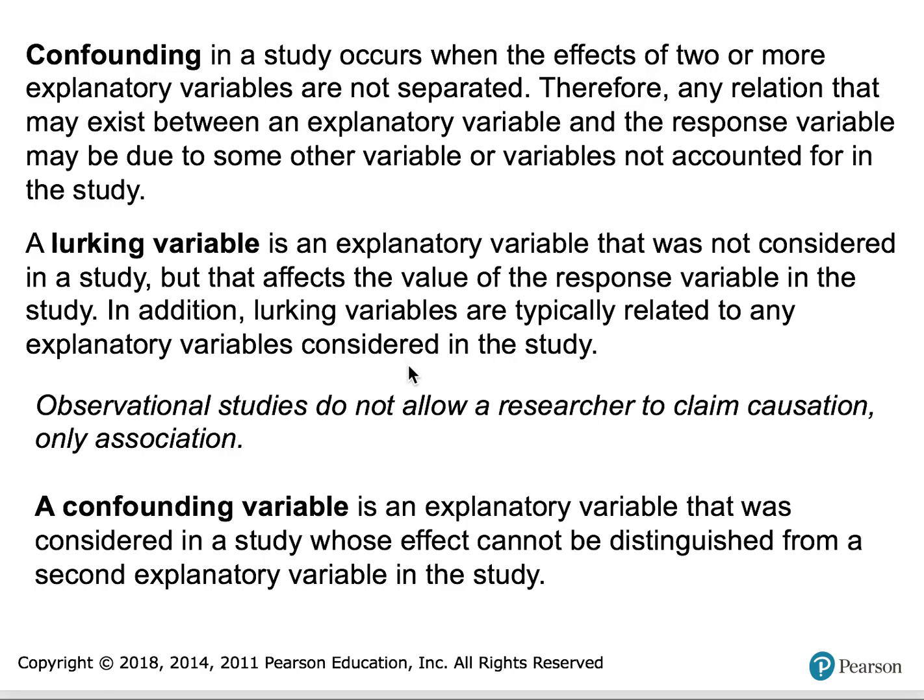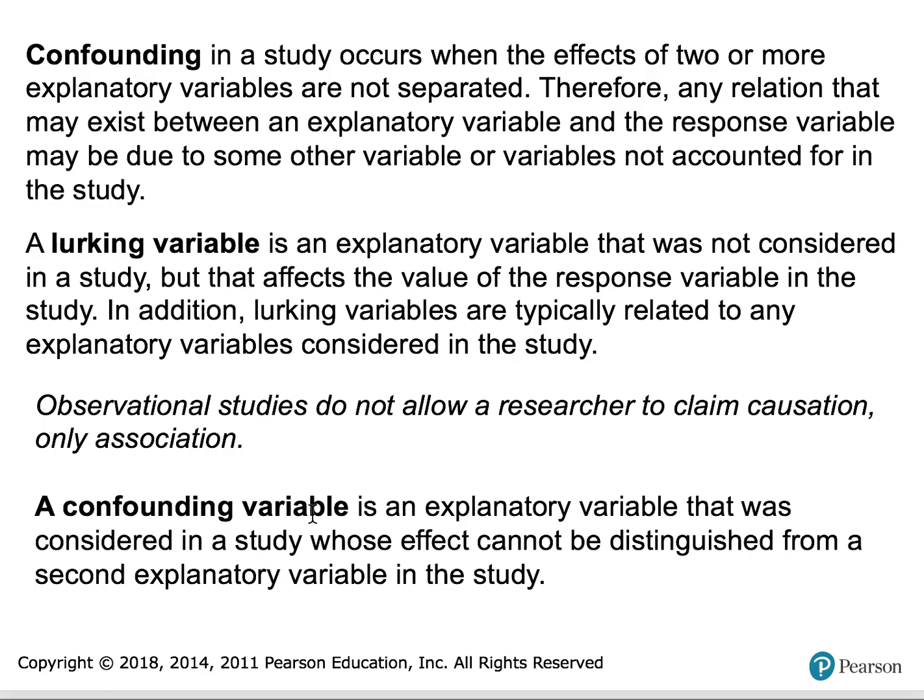The authors used the term associated instead of saying the flu shot caused the lower risk because the study was observational. Observational studies do not allow a researcher to claim causation, only association.